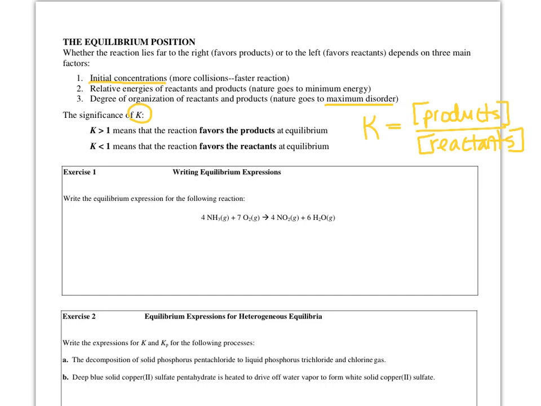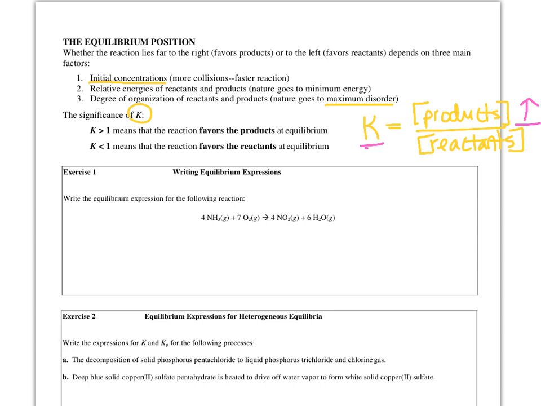If K is greater than 1, that means I have a higher amount of product compared to the reactants. Does that make sense? That's why that would be product favored. The only way to make this value larger means that when my reaction reaches equilibrium, I have a higher concentration of product than I do reactant. So my reaction preferred to make product is what we're trying to say there.